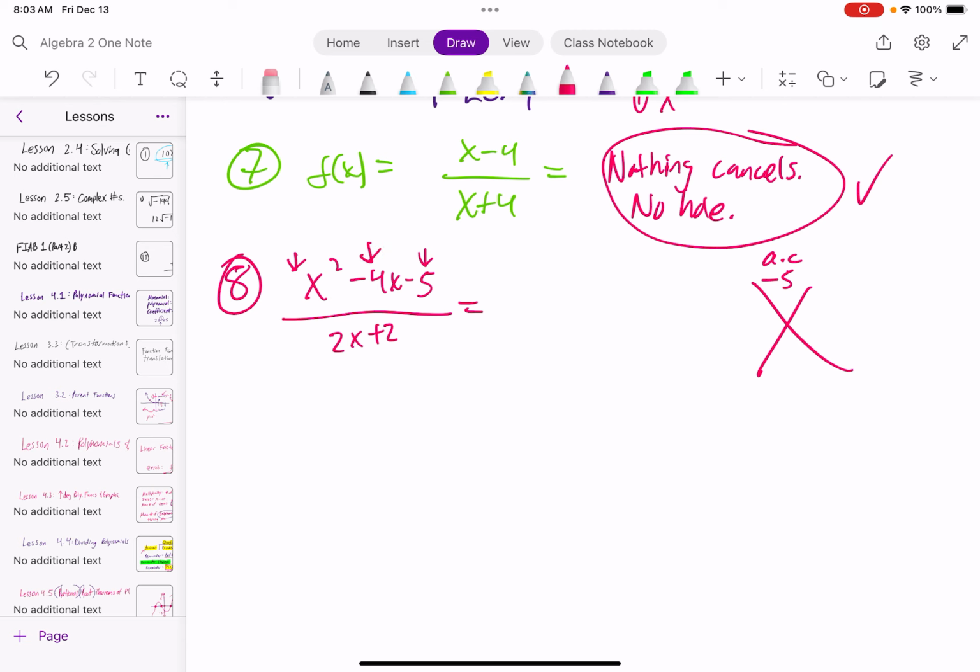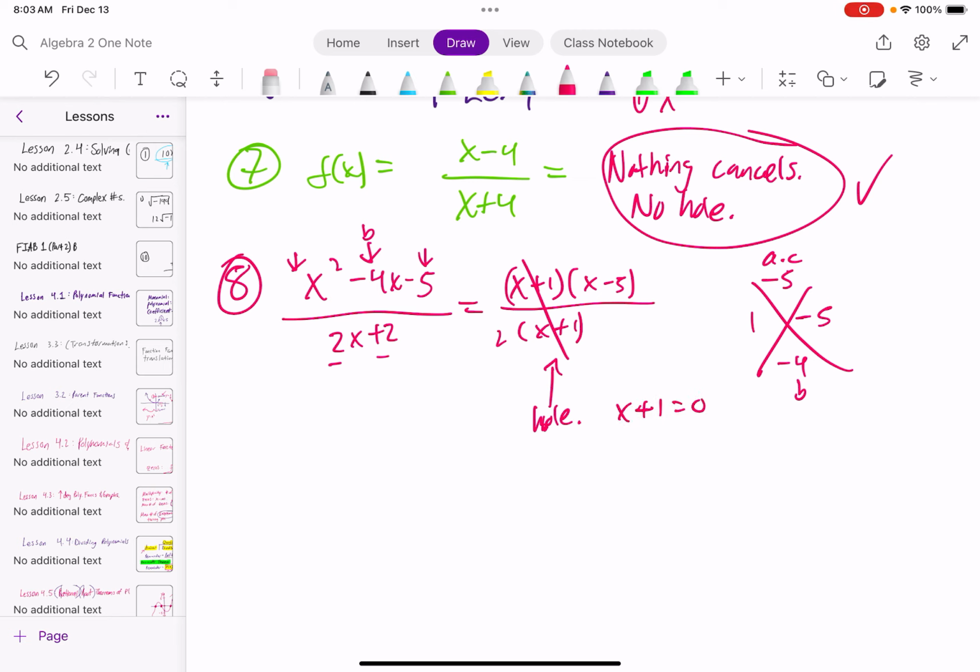And then the B value is -4. I think we already did this one. If you factor out a 2, here's the hole, because they cancel. So they have a hole at x plus 1 is 0, and x is -1. That's where your hole is at.